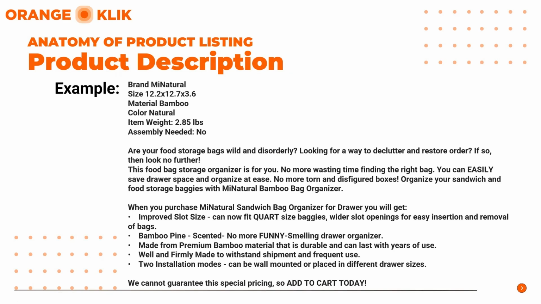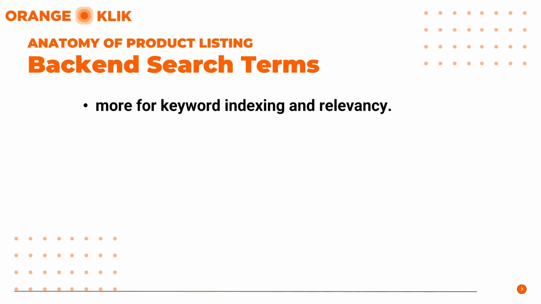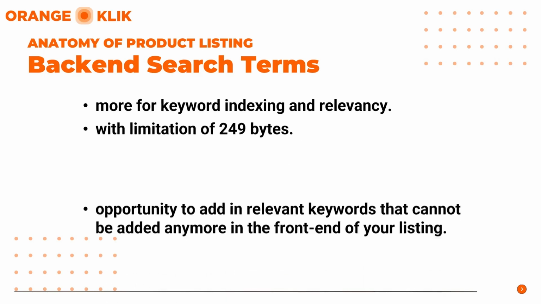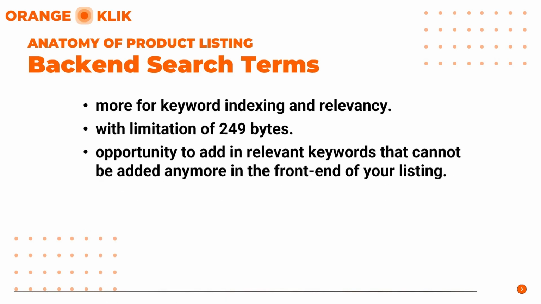For the back-end search terms, this helps more with keyword indexing and relevancy. With a limitation of 249 bytes, here you may include those very relevant keywords that you strongly want to index in as well, but you cannot include any more in your product listings front end, to avoid overuse of the same repeated words.